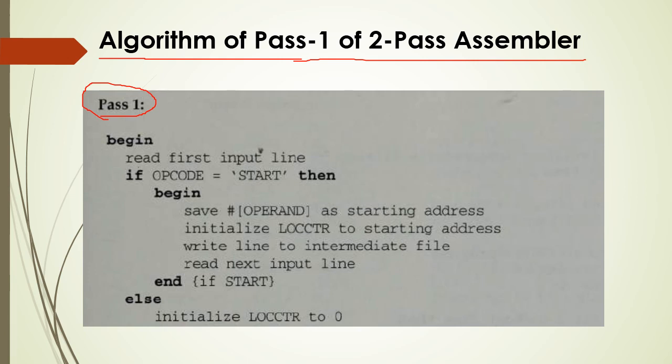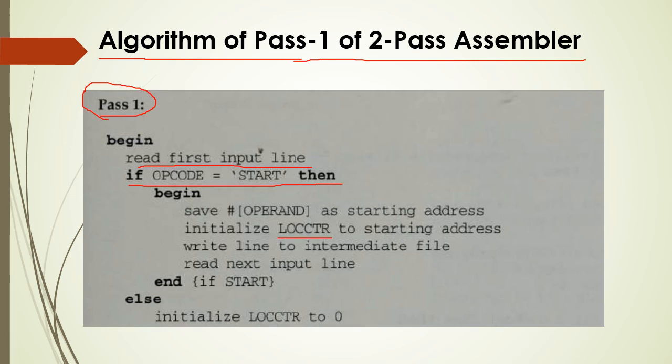It reads the first input line, which will generally be START. Along with START, most of the time we specify the starting address of the program. That starting address will be assigned to the location counter.